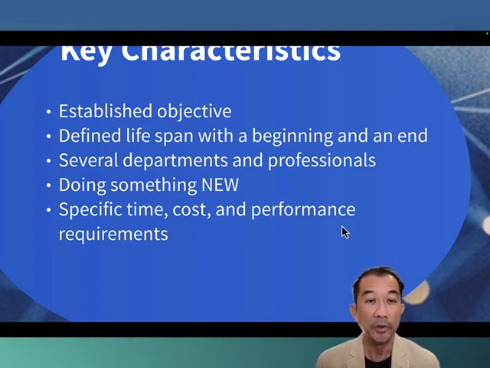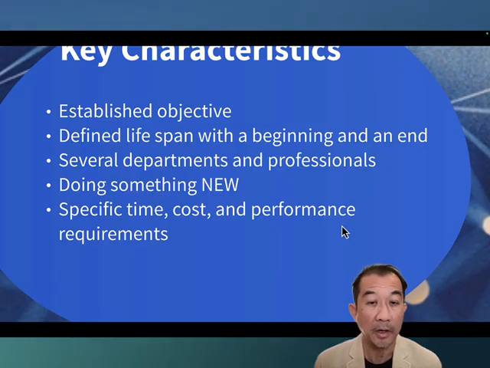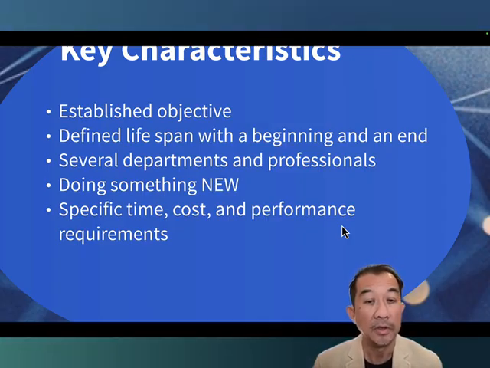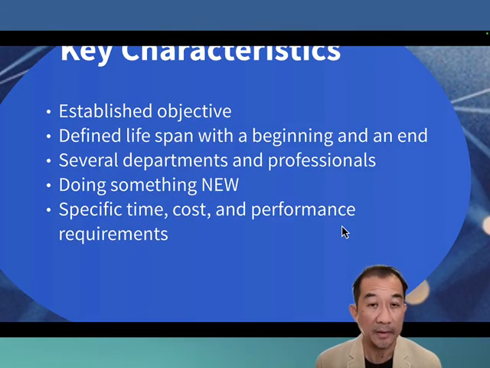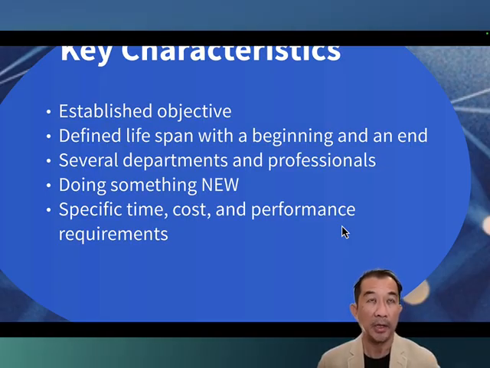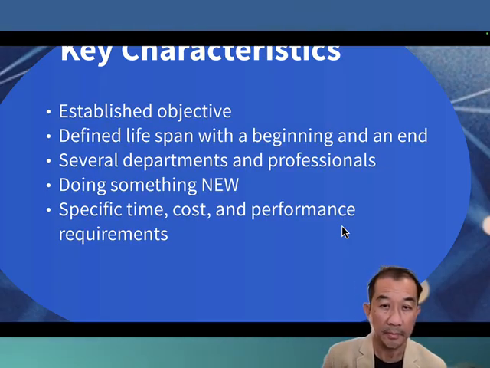It's usually doing something new, and it has specific time, cost, and performance requirements, which leads to quality. These 3 variables will be critical when we discuss how to think about trade-offs between time, cost, quality, and performance.